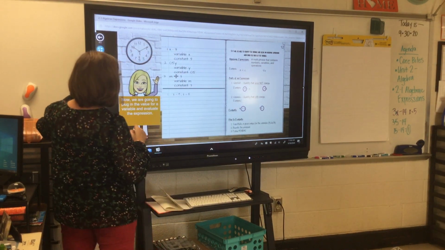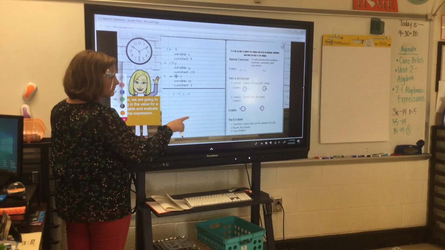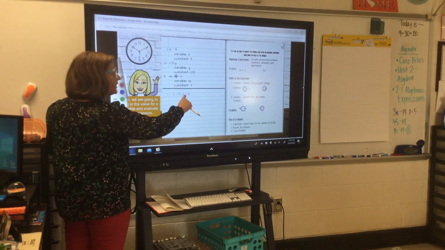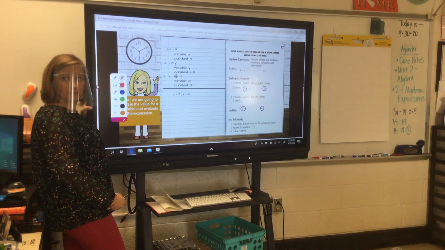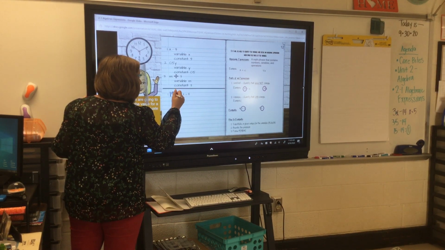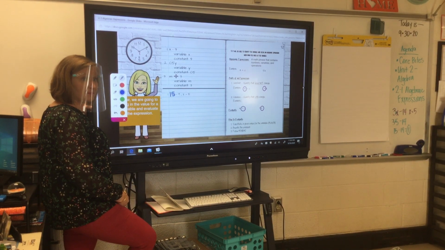What's step 1? Substitute the given value for the variable. We're going to plug it in, okay? What does it tell me X equals? 15. So over here where I've got an X, I'm going to write a 15 right there, okay?